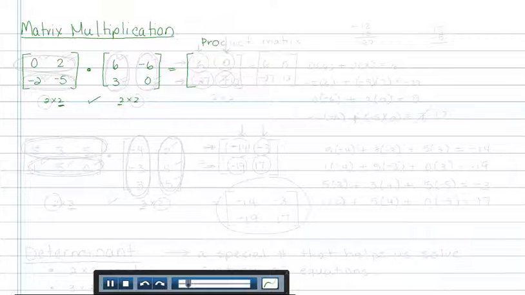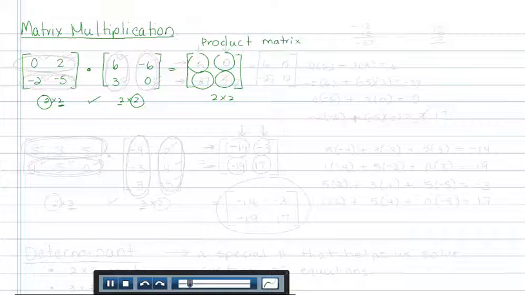This is the product, which is the result of multiplying 2 numbers, or in this case 2 matrices. Your product matrix is going to be the size of the 2 outside numbers. It just happens to be a 2 by 2. So now you know that you're looking for 4 numbers for your product matrix.